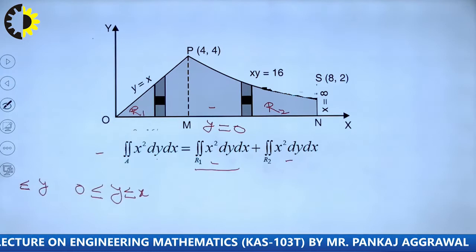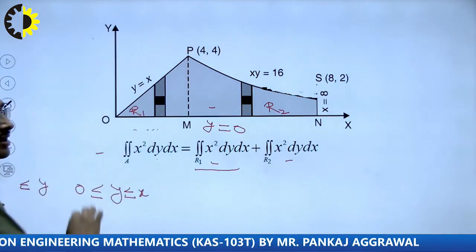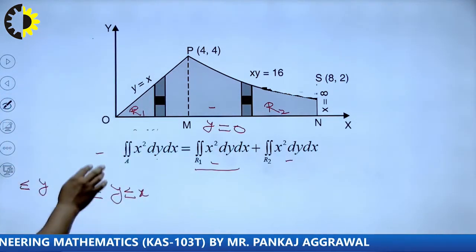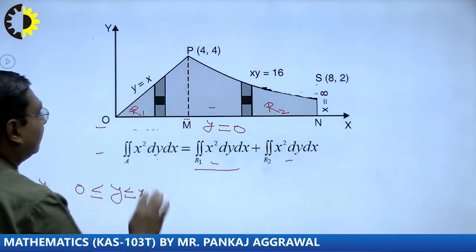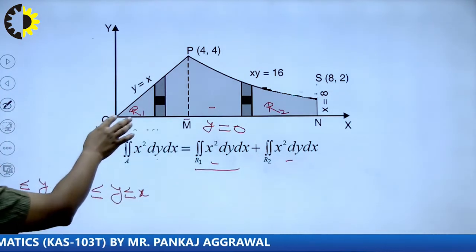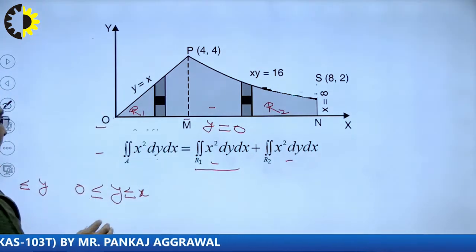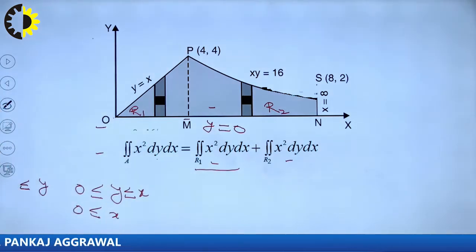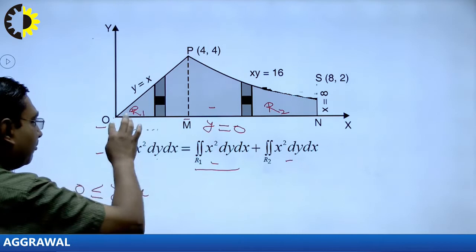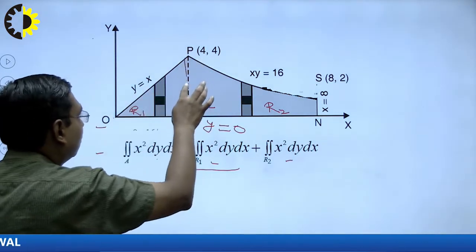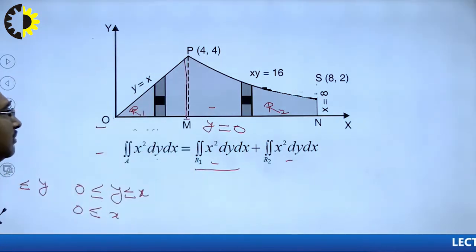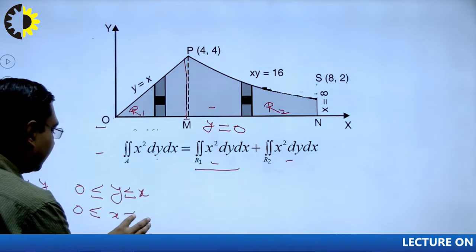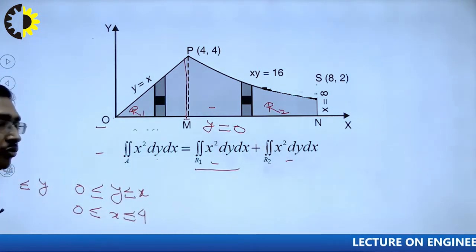The values of x for this region R1 are calculated from the extreme points of this region. The leftmost point of the region is the origin, so the value of x is 0. The rightmost point for this region lies on this line PM, and so the value of x on this line will be 4, which is the upper limit of x.